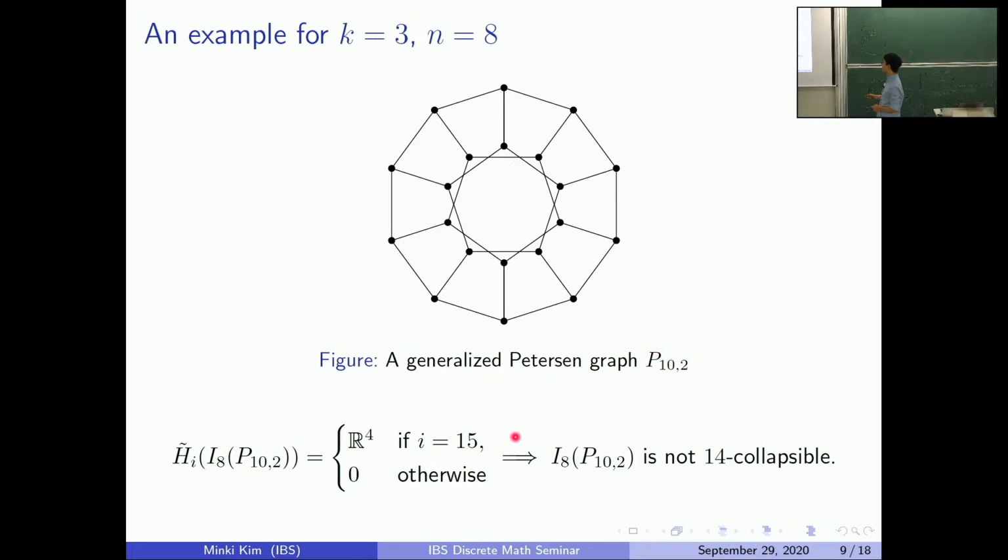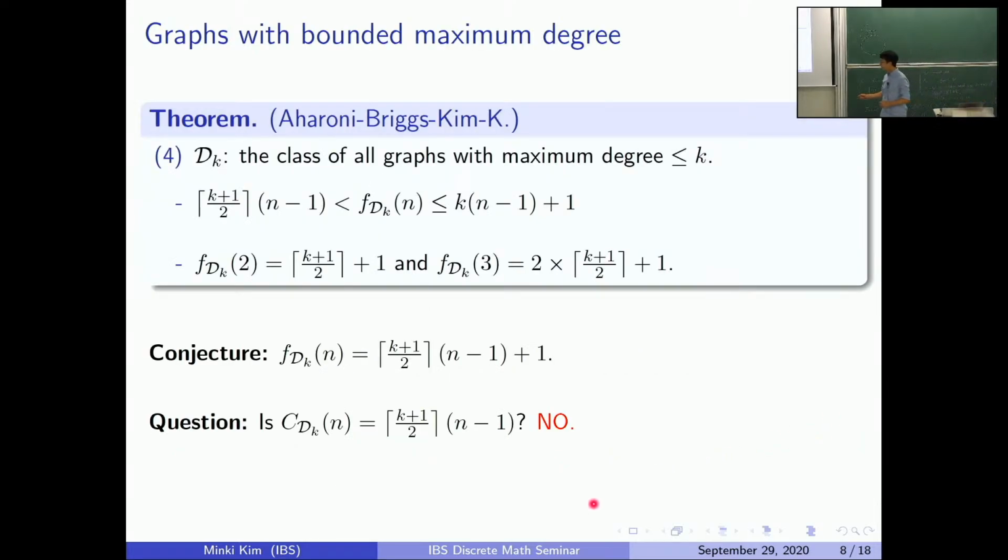And here we can compute the homology of I_8 of this graph, and it's not vanishing in dimension 15, which means it's not 13 collapsible, it's not even 15 collapsible. Because of this example, the answer to this question is no.